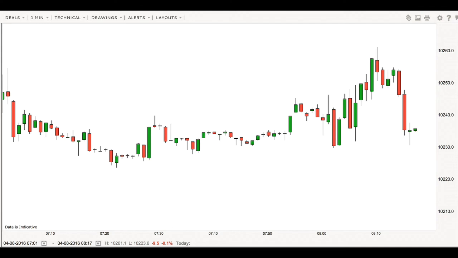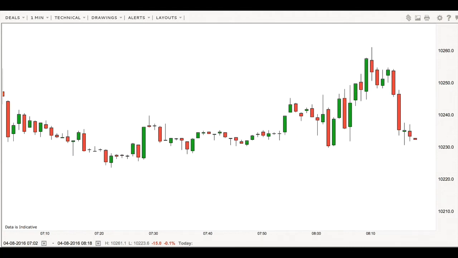We've had a doji bar at the bottom, so that's a trading range. It indicates hesitation. So we'll see what happens next. And we've had an inside bar there. It's a bearish inside bar at this point in time. Let's see what happens next.